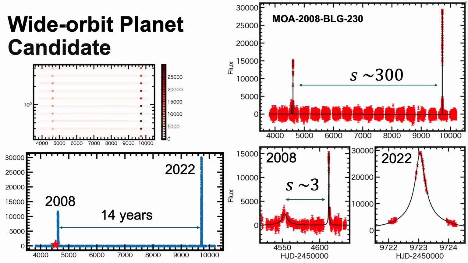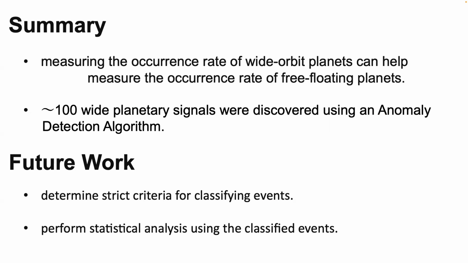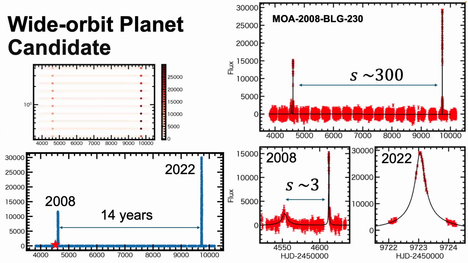Sorry, why did you calculate, for example, the semi-major axis in this event? No, actually I have not yet, but typically the Einstein radius is about 2 AU or 3 AU.